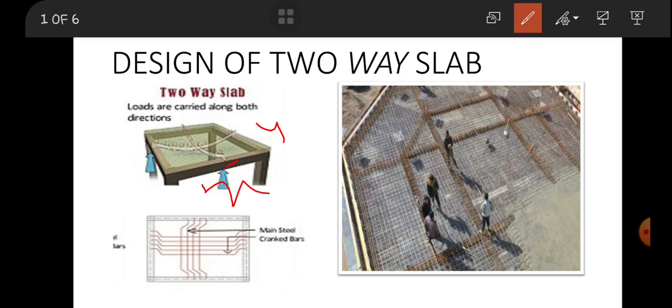Then coming to the next point, what is restrained slab and what is unrestrained slab.